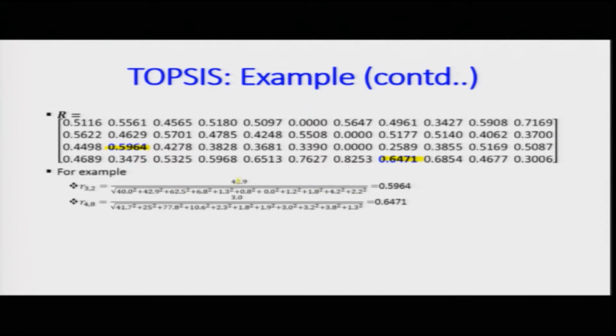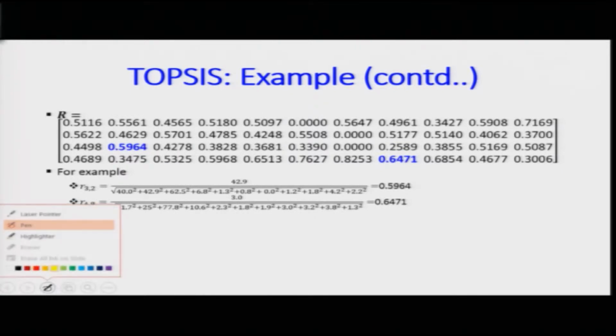Okay, my mistake, it would be basically the third row, sorry, because 3 is the third alternative, and 2 was the cell value, which was 42.9, which is here. I will use a different marker here so it will be easy. Sorry for that.